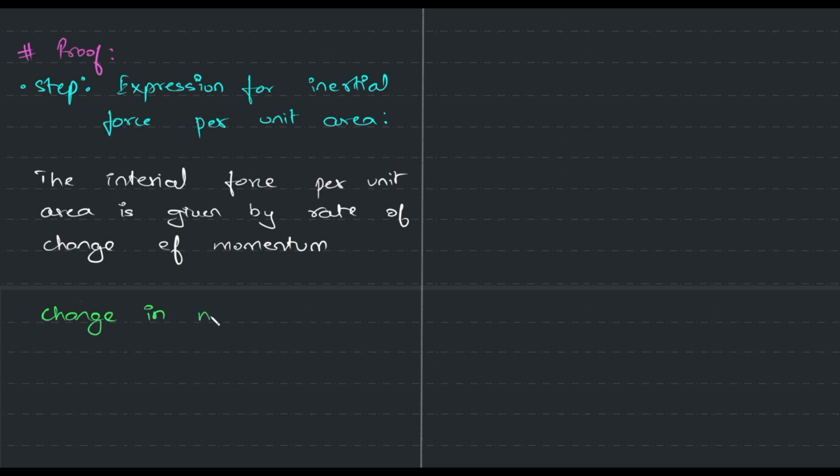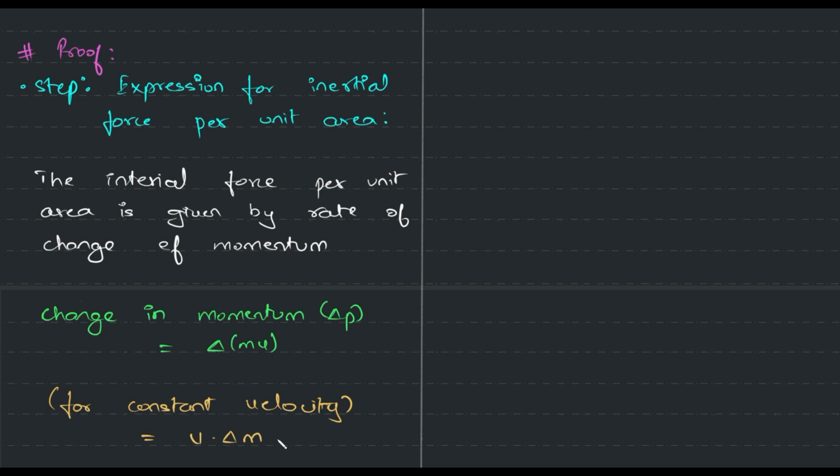Now, what is change in momentum? Let's go back to the basics. It is nothing but change in mass times velocity. We are considering constant velocity, so v comes out, and all that changes is mass. To help us understand this, I am going to make use of the following picture.